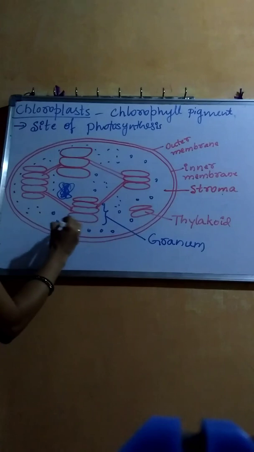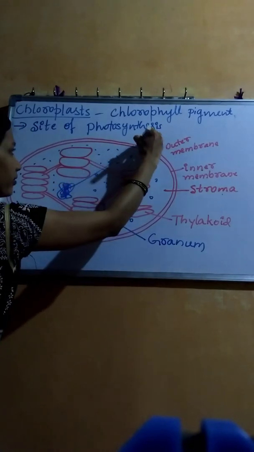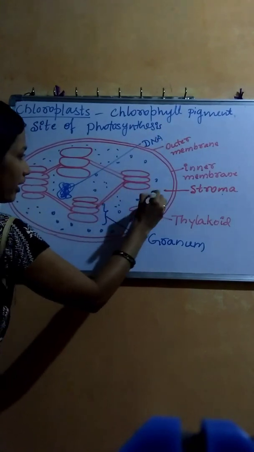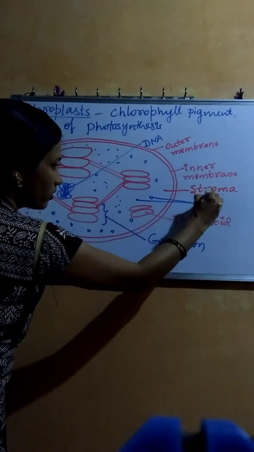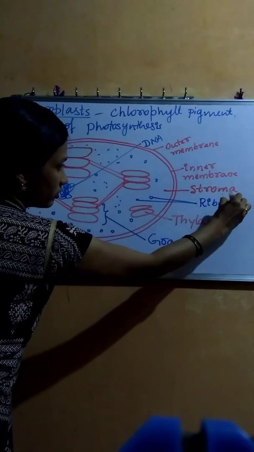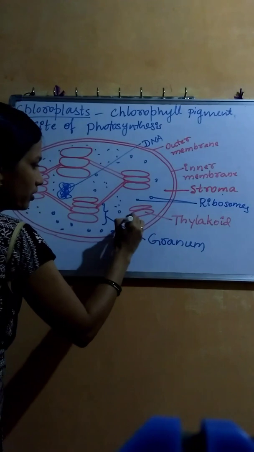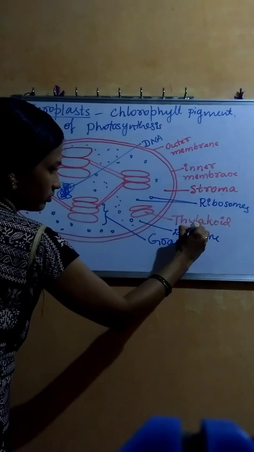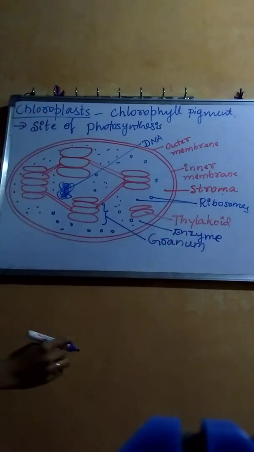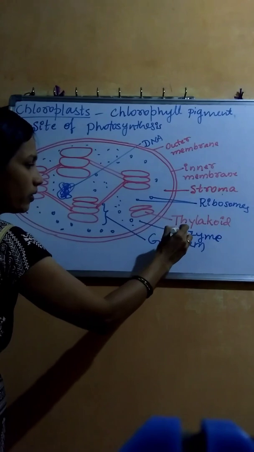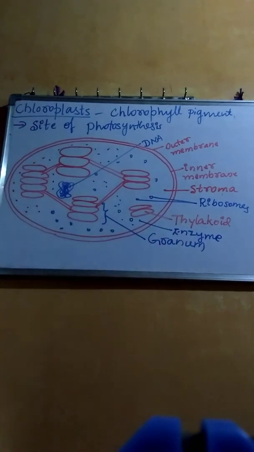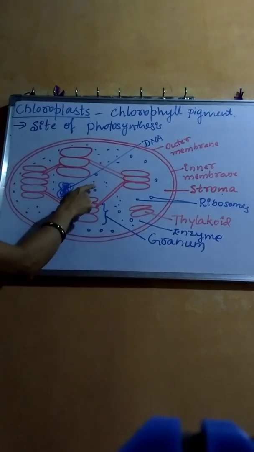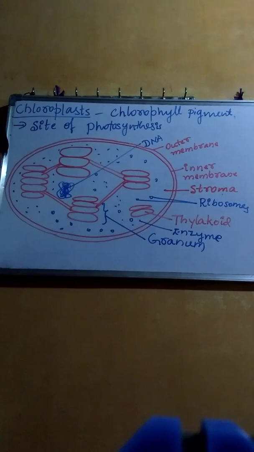These are ribosomes and this one is the chloroplast DNA, and some enzymes are present. The stroma of the chloroplast contains thylakoids or granum, DNA, ribosomes and some enzymes.